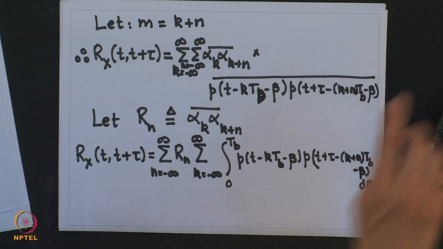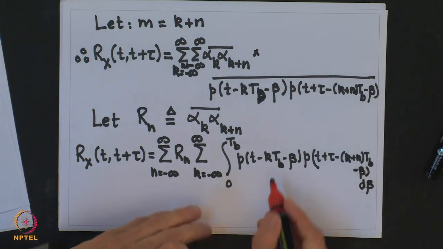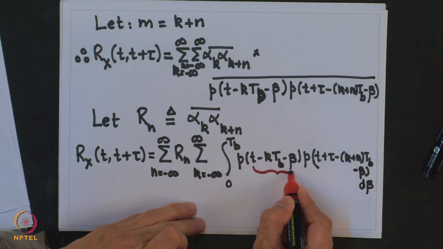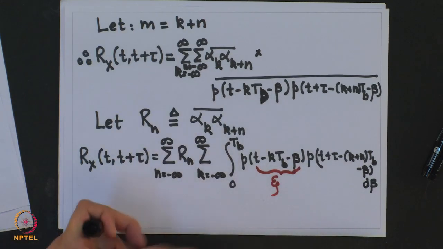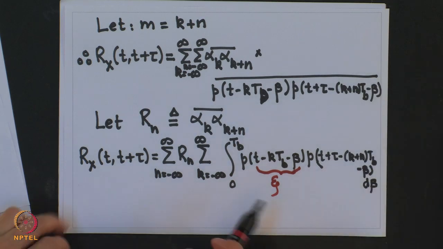Now again we make a small substitution. Let us write this quantity to be equal to eta. If we do this, then this expression can be rewritten as follows.